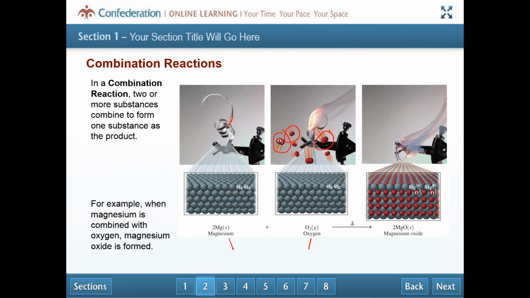So when those two combine, then they form another lattice structure, but now you can see that you've got magnesium and then you've got oxygen elements combined into that. So we've started with two reactants and we've ended up with one product. So they've combined. All right, so that's what you would look for in a combination reaction.